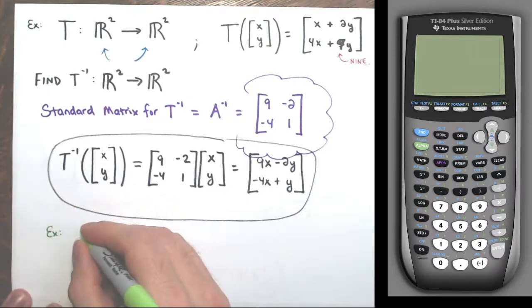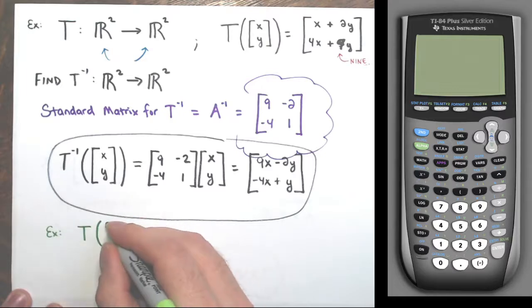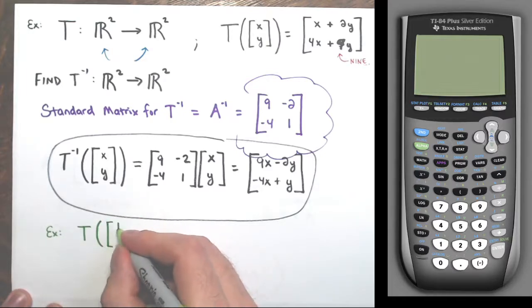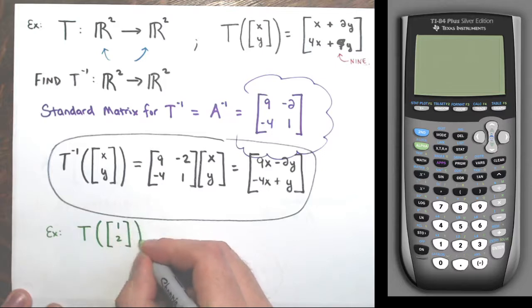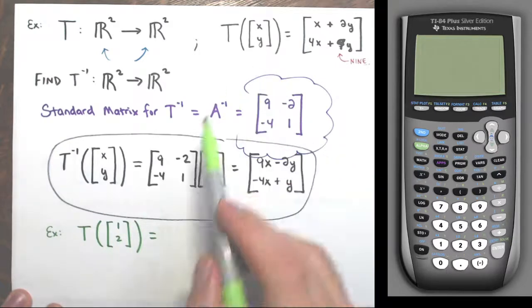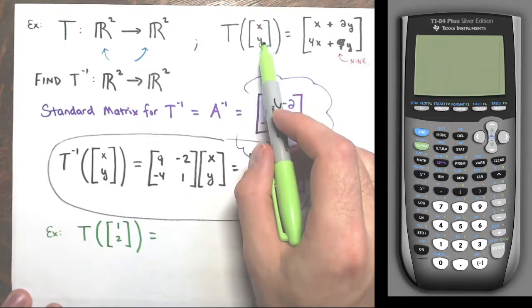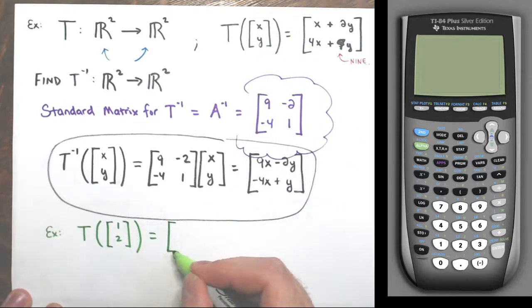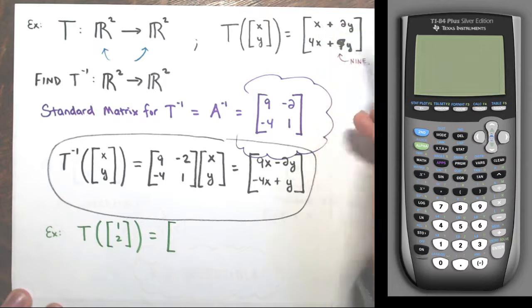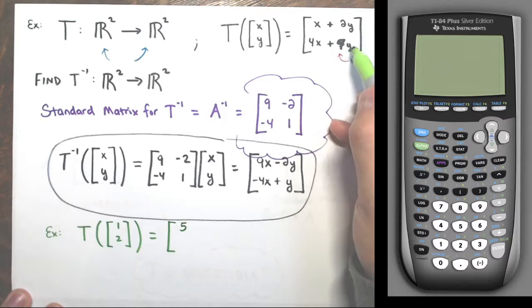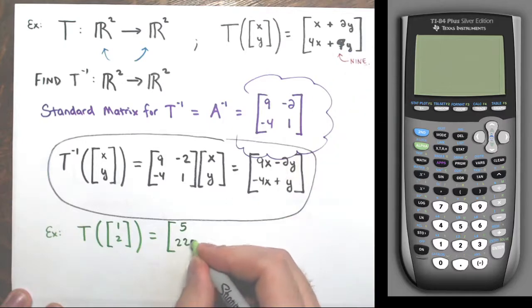What's T of the vector 1, 2? If I replace x with 1 and y with 2, I get 1 plus 4, so 5 for the first component, and 4 plus 18, 22 for the second component.